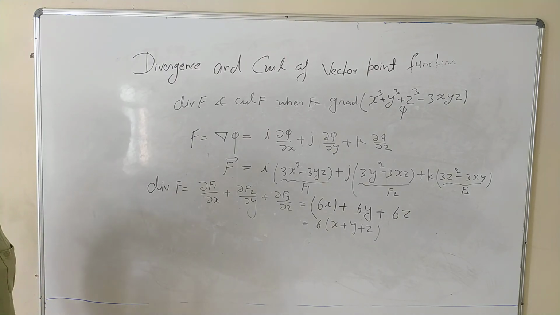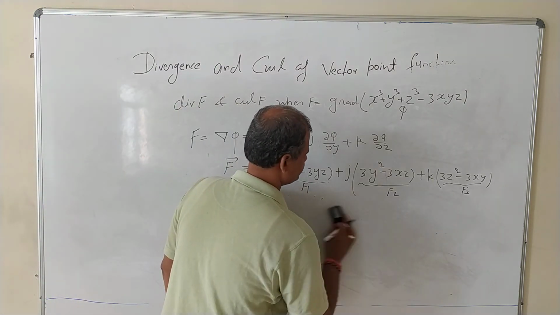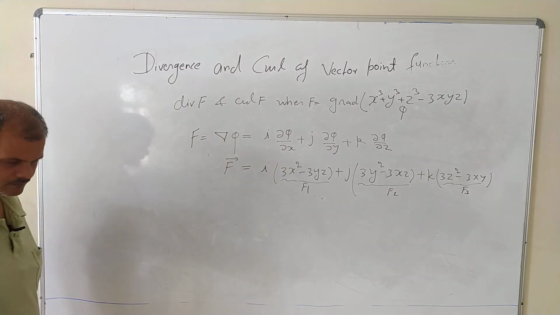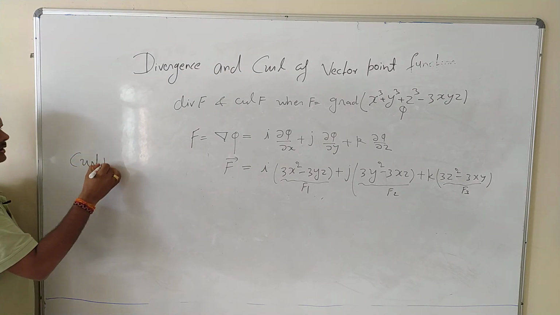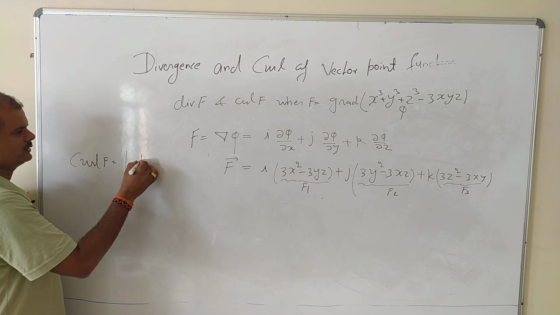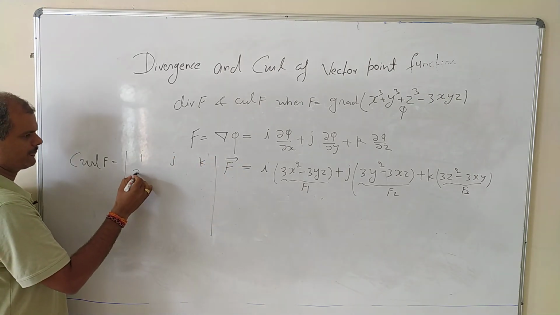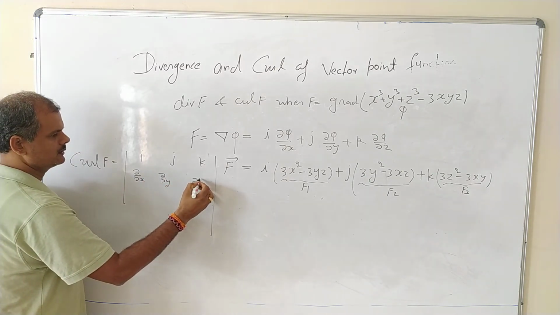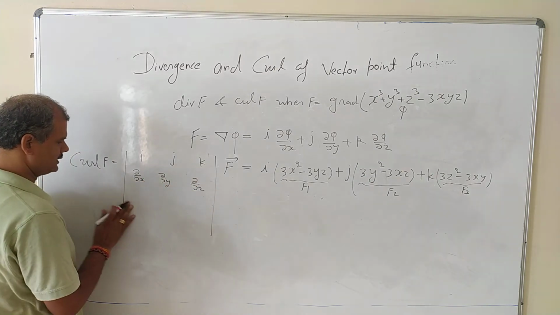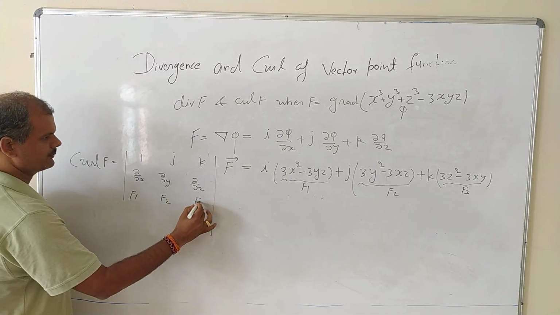Now we will see the curl of f. So curl of f will be the determinant of a 3 cross 3 matrix. Fine. So del by del x, del by del y, del by del z, and here we have f1, f2, f3.